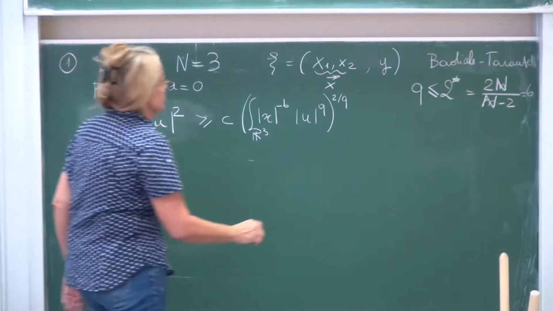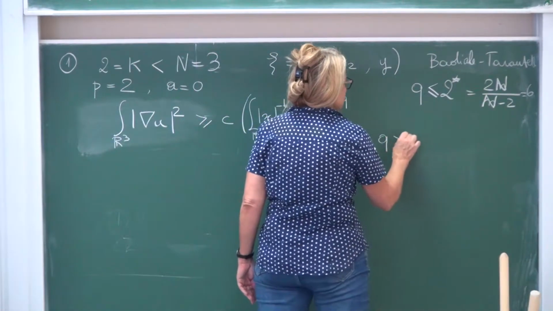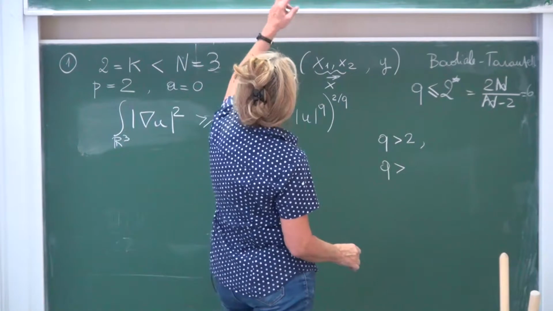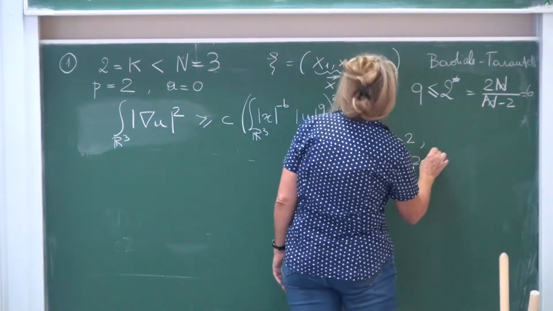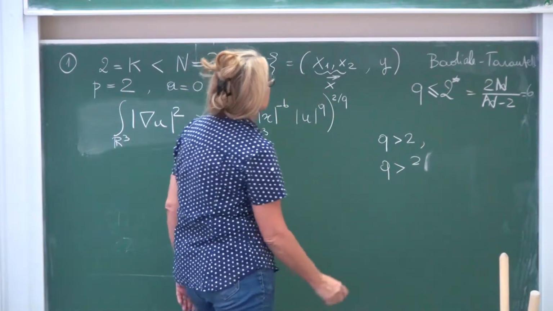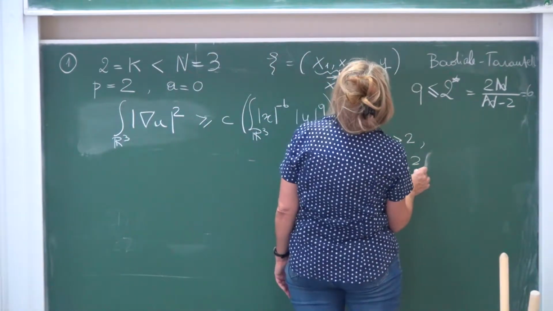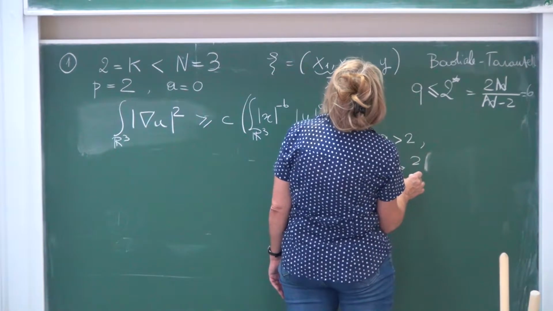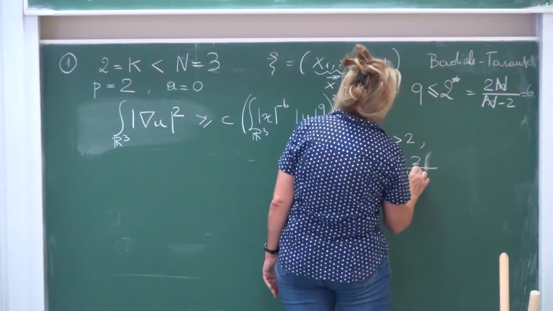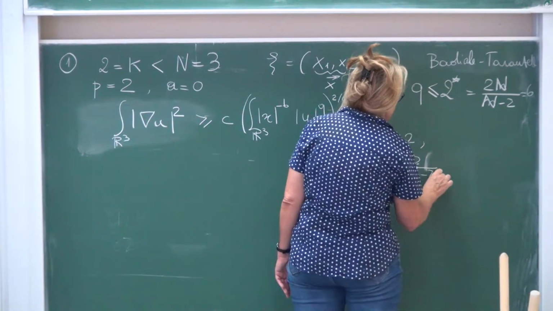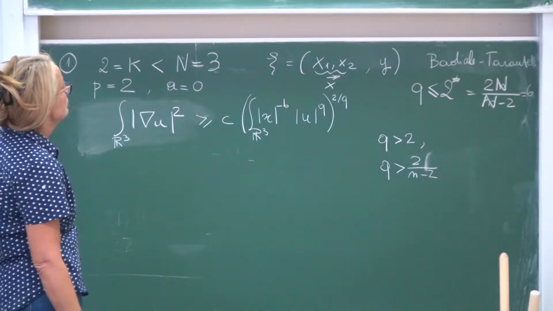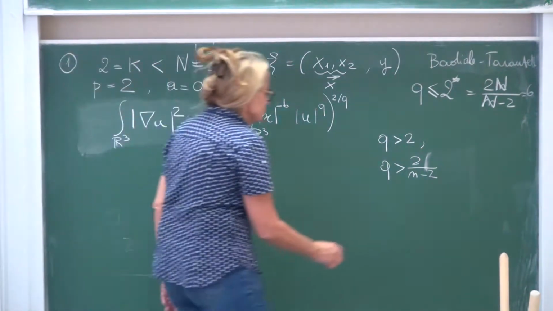Provided that Q is greater than 2, but also that Q is greater than, 3 minus 2 is 1, n minus 2, which is 2.